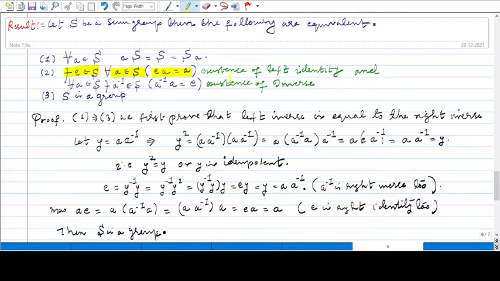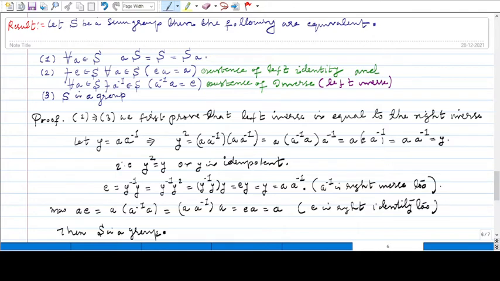Existence of a left identity, and also the existence of a left inverse is what they are telling. So if you hold the first premise, then the second one can be proved from one.